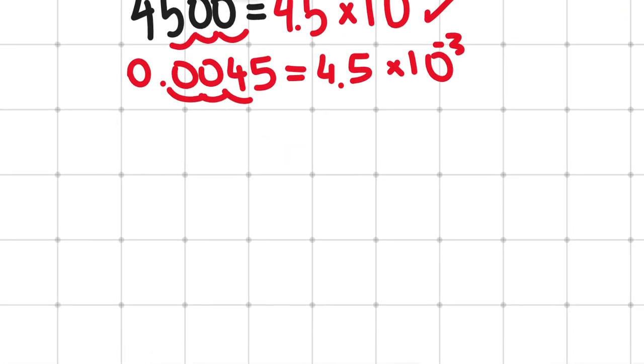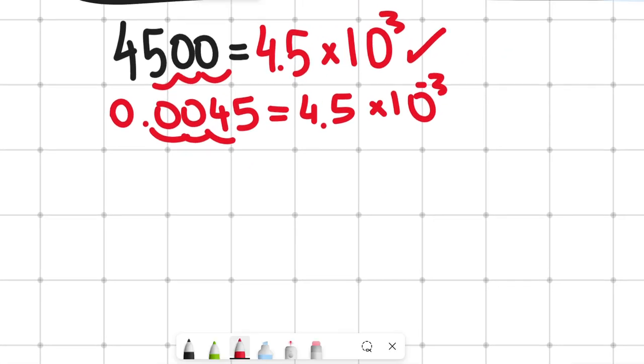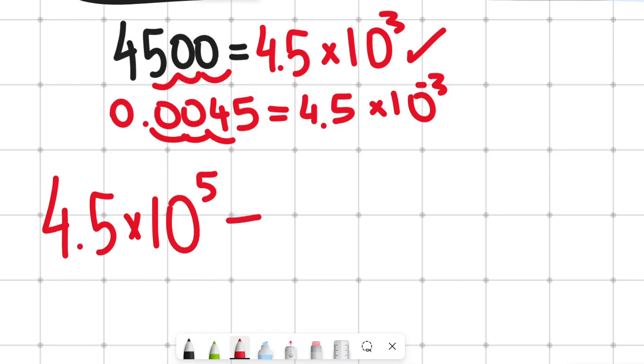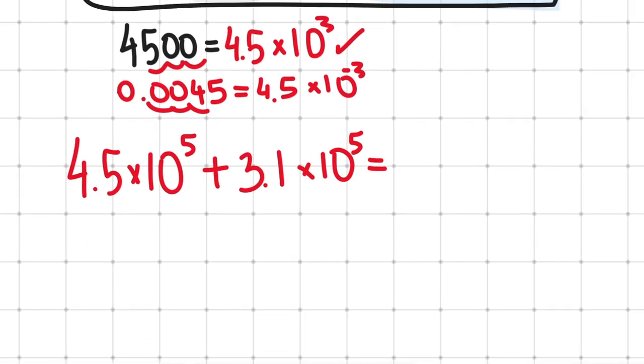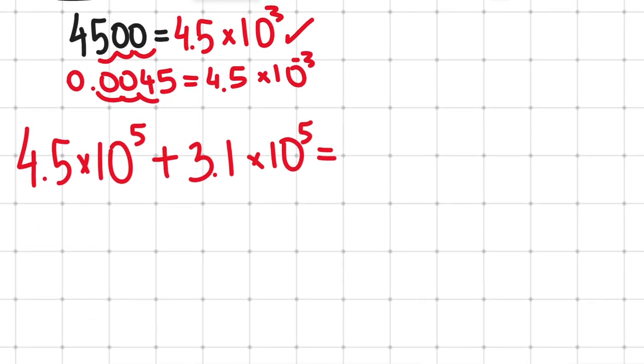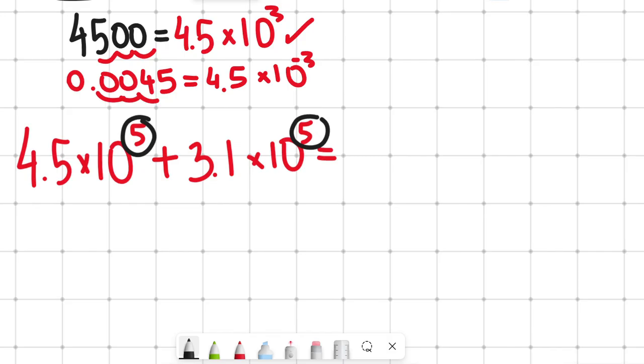Now, I will revise adding and subtracting numbers in scientific notation because that's important for today's lesson as well. If we say, for example, 4.5 multiplied by 10 to the power of 5, and we add this to, let's say, 3.1 multiplied by 10 to the power of 5. We said in order to add two numbers in scientific notation, they must have equal exponents so that we can add them.